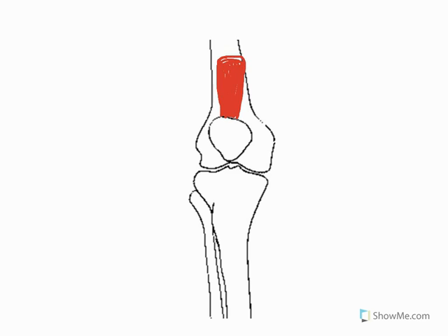So the quadriceps femoris muscle group. So this would be the quadriceps femoris tendon because it attaches a muscle to bone.